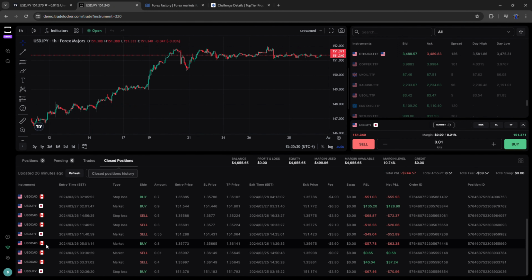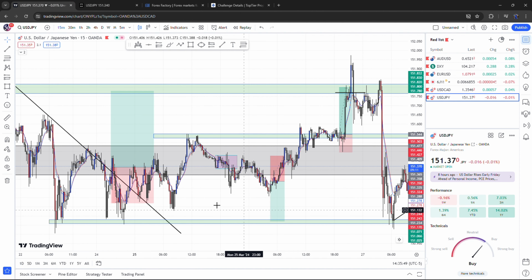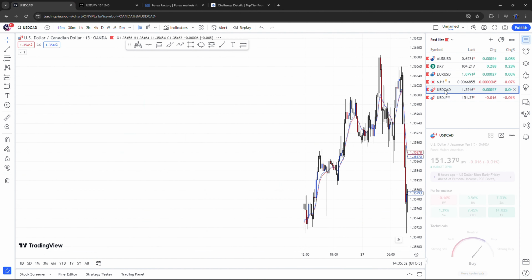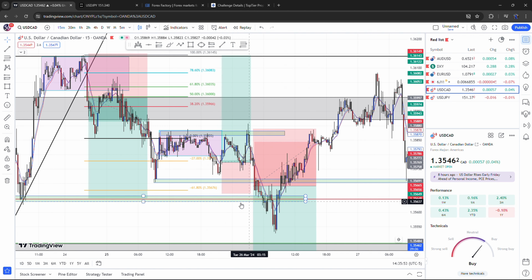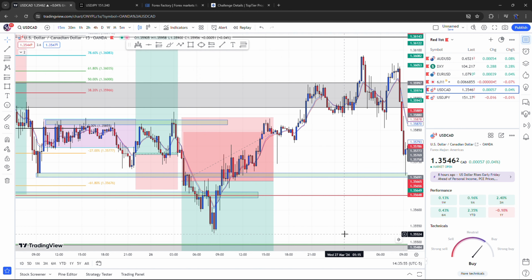And those two losses, you can see right here where I lost quite a bit, but it's okay because I didn't take more than 3 trades this day, and this is the 3rd trade that I took, which was on CAD, this trade right here.